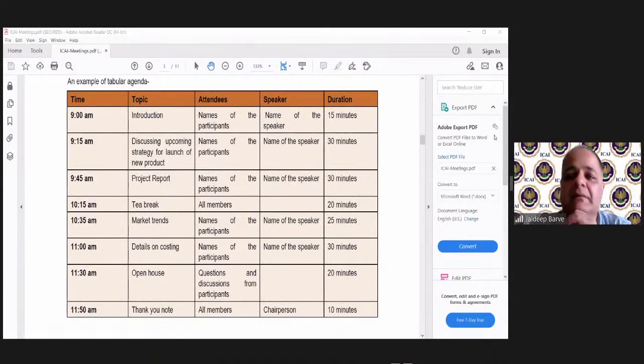There, all the points will be discussed and agreed upon, the future course will be decided, and action points will be noted: who's going to do what, and in what time frame.